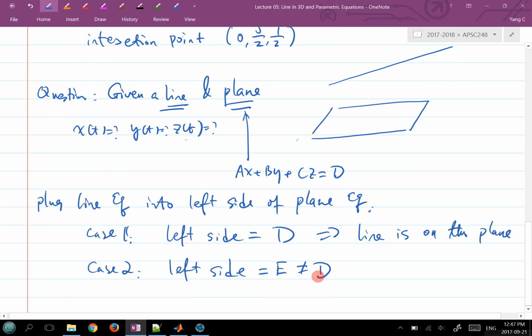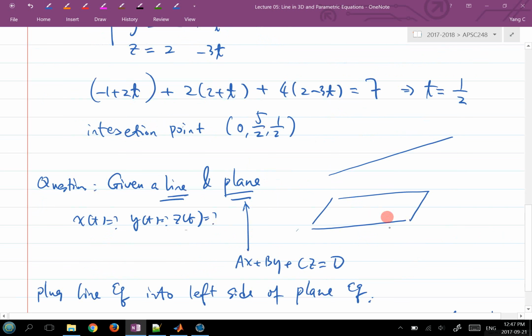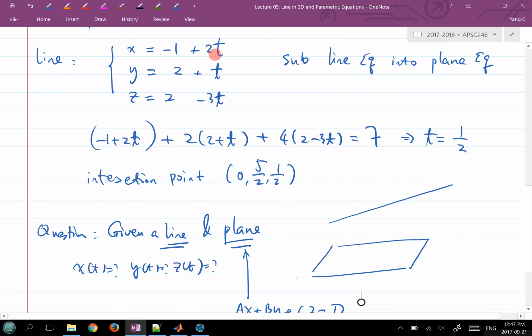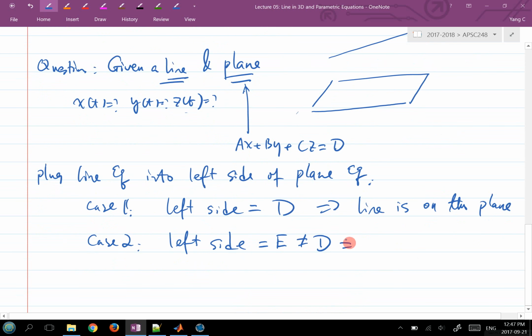When you plug in the equation, what value do you use for t? I just keep the t, whatever the expression for the line equations is. You keep it as it is and plug it into the plane equation. Here you get a constant other than D.